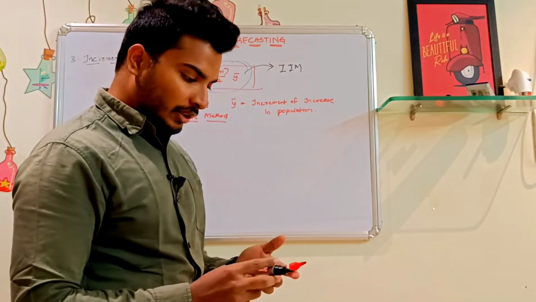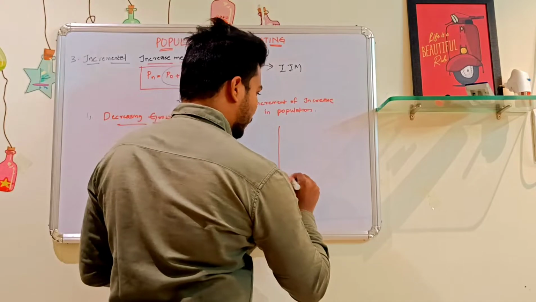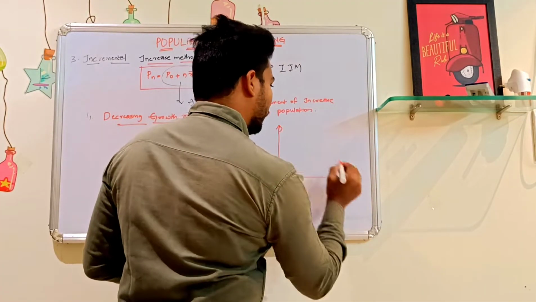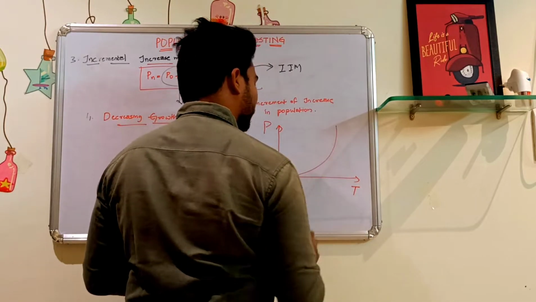So for the decreasing growth rate method, how will the curve be? If I draw the time versus population curve, this is the decreasing growth rate.